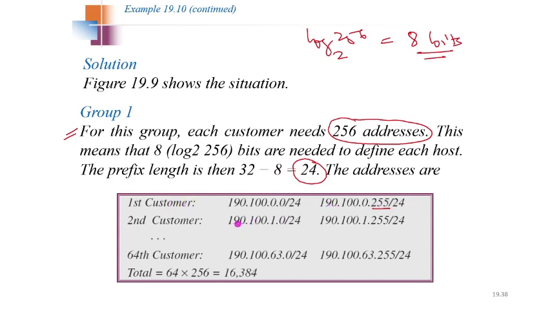The next customer will have 190.100.1.0, going to 255. Likewise, the last customer, the 64th customer, will be 63.0 to 63.255. So a total of 64 customers, each having 256 addresses. So 64 into 256 is the total number of addresses utilized by the first group.